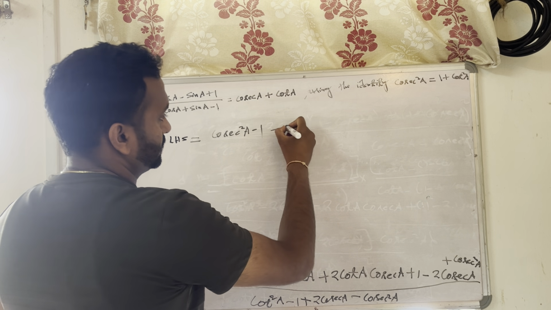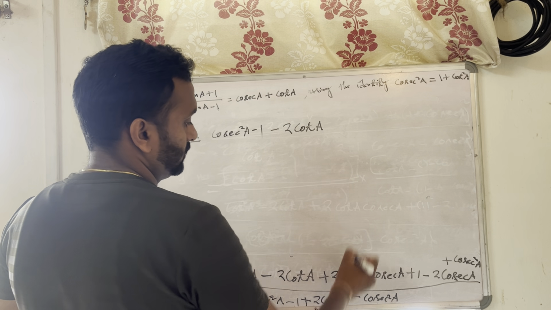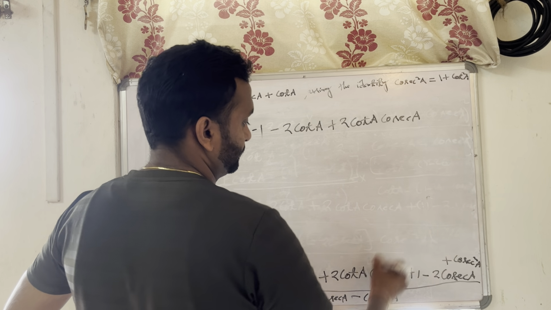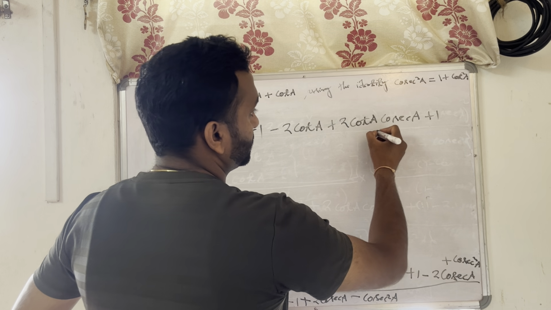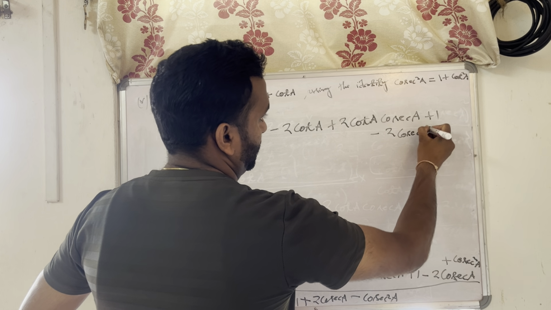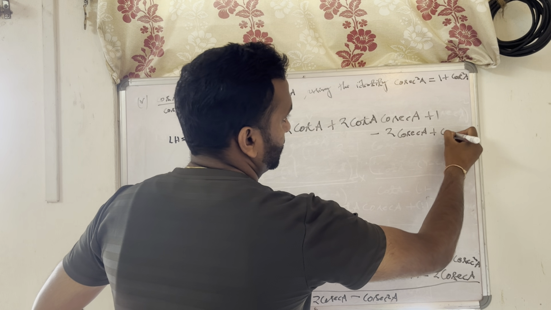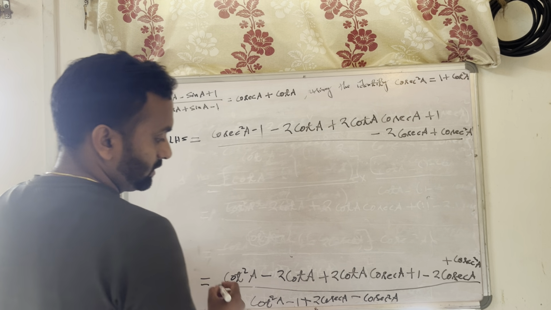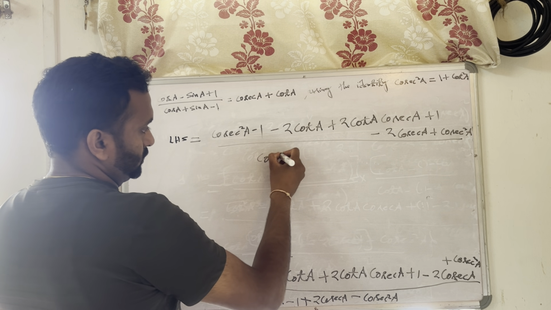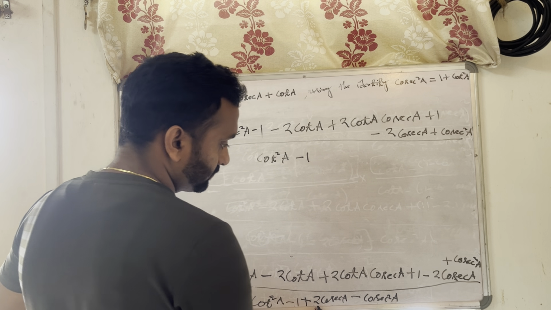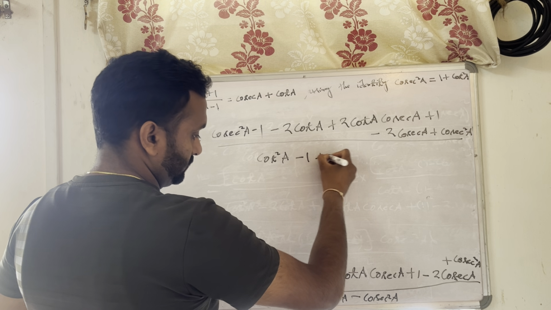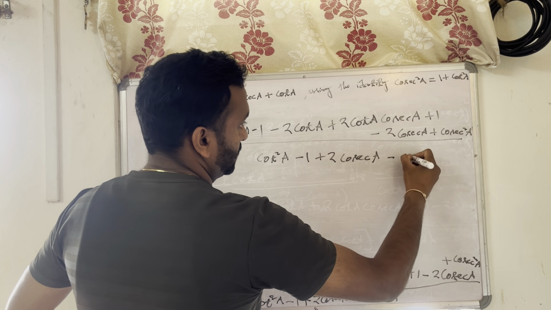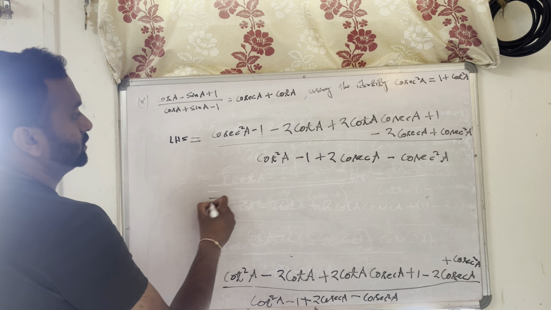Then we have minus 2 cot A plus 2 cot A cosec A plus 1, then minus 2 cosec A plus cosec square A, divided by, this whole thing is divided by, cot square A minus 1 plus 2 cosec A minus cosec square A. So we'll get how much?